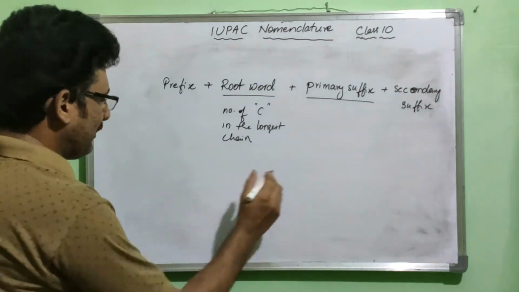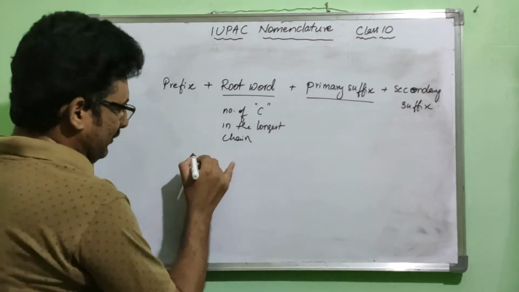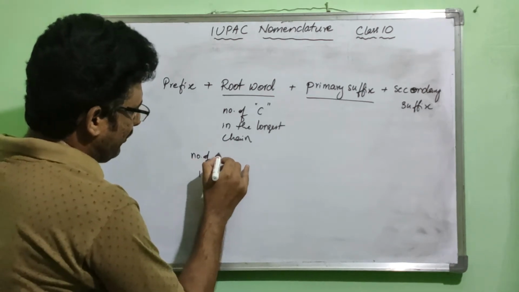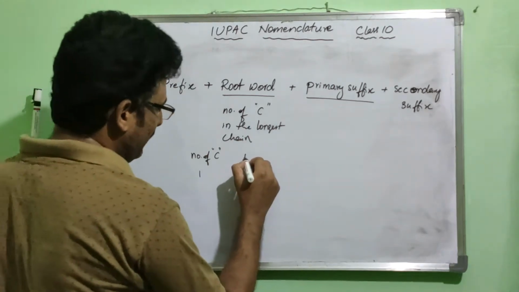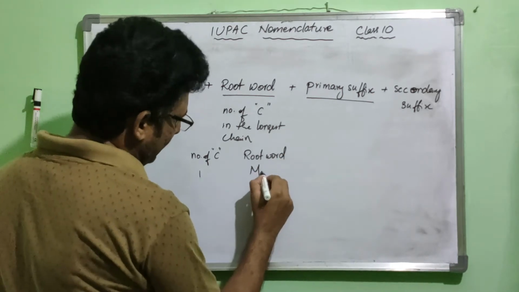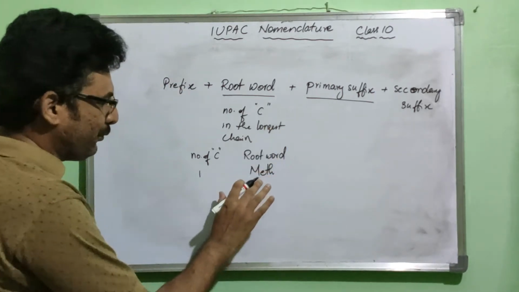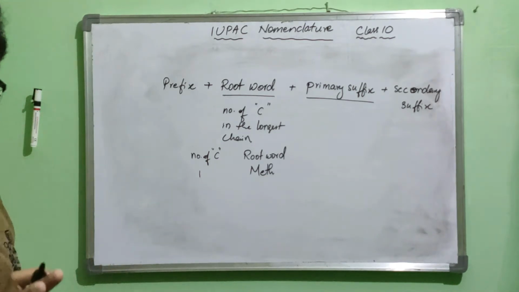For example, here I am writing the number of carbon atoms. If 1 carbon atom is there, then the root word will be meth.